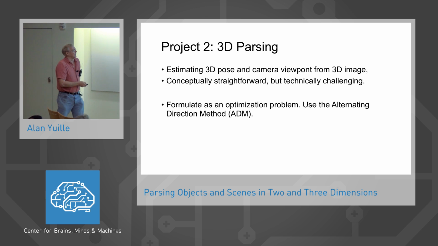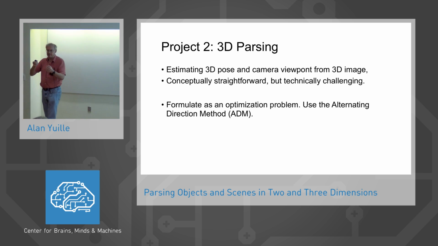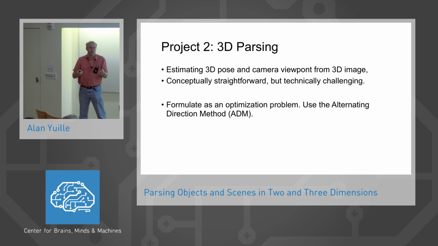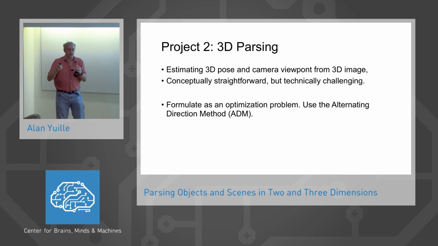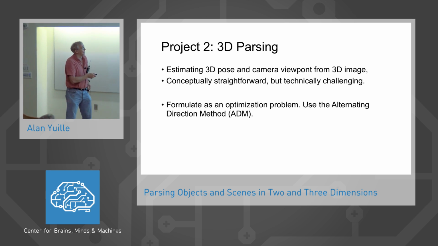Then you are faced with an inference problem. Even if you have the model, and even if you've estimated the joint positions in the image accurately, or even if you represented quite a number of them, you're still faced with the problem of estimating the pose and estimating the camera parameters.